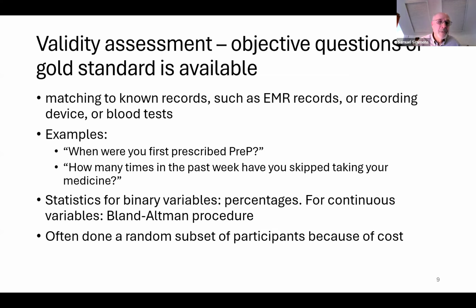So in that case, what's often done is you take a random sample of the participants and you do the blood tests on that random sample, or you give them the pill counting machine or some other fancy technology that you have. And you come up with an estimate of the correlation, the construct validity, based on that subsample.